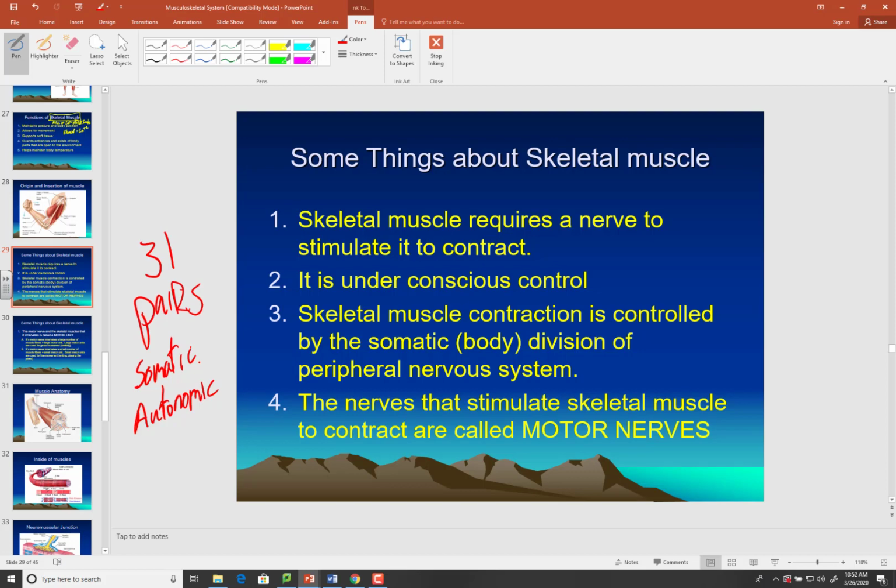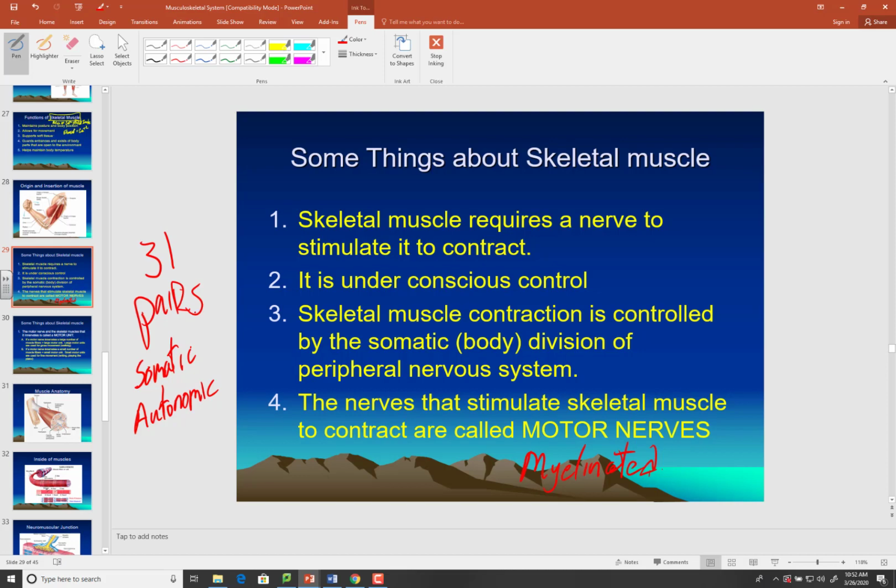And the nerve that stimulates skeletal muscle to contract is called a motor nerve. And motor nerves are myelinated. They got that fatty insulation around them that speeds electrical impulse, right? You don't want to have to wait around to stimulate muscles to run away from the Hamburglar.